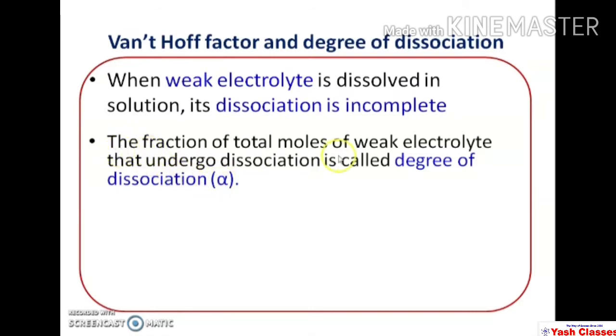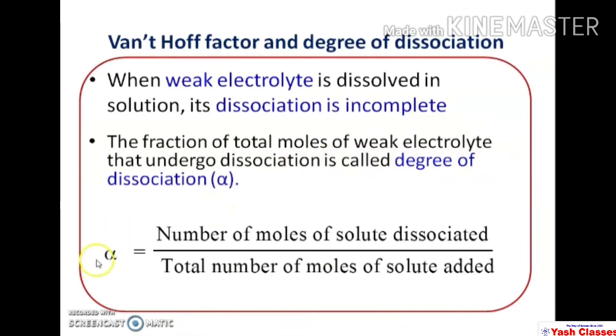So the definition of degree of dissociation is: the fraction of total moles of weak electrolyte that undergoes dissociation is called degree of dissociation, and it is given by this formula. Degree of dissociation, that is alpha, is equal to number of moles of solute dissociated upon total number of moles of solute added.